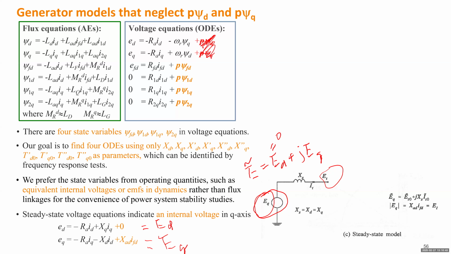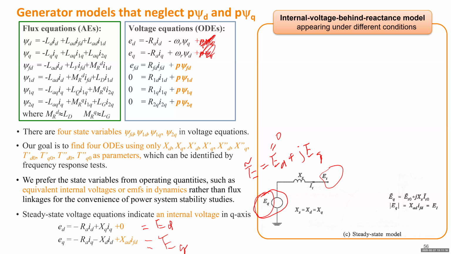But our goal is to find a differential equation describing the transient dynamic and the subtransient dynamic. So can we borrow this idea to introduce another circuit describing the transient dynamic, and another one describing the subtransient dynamic? The transient dynamic circuit will utilize parameters with single prime, and the subtransient dynamic circuit will utilize parameters with double prime.